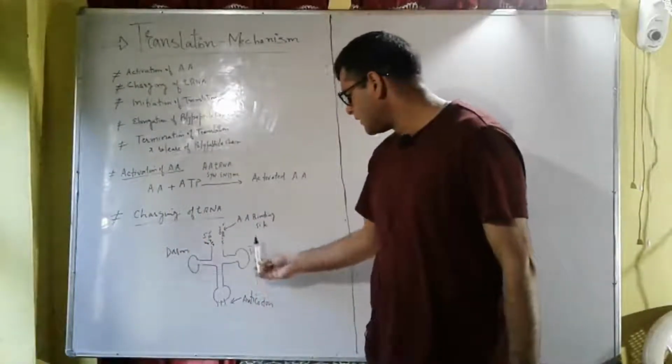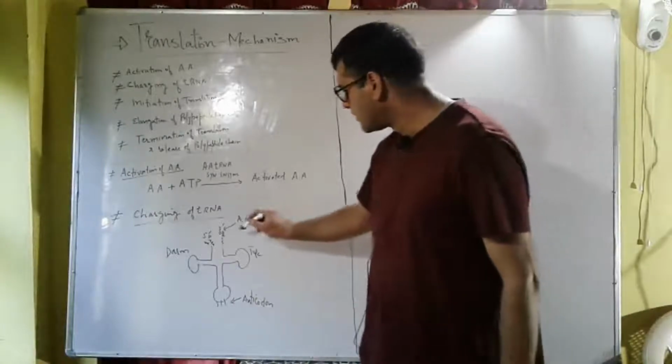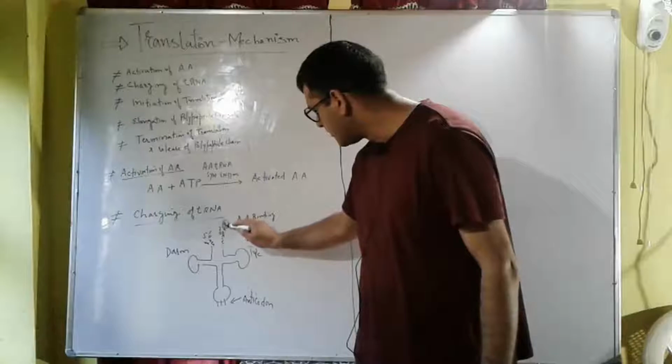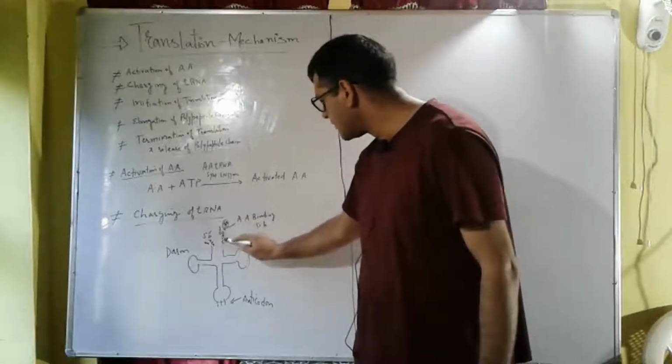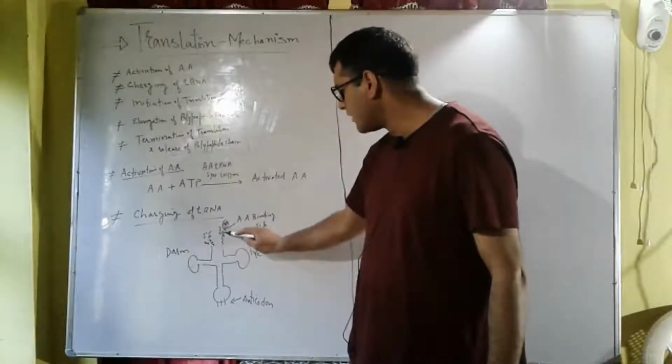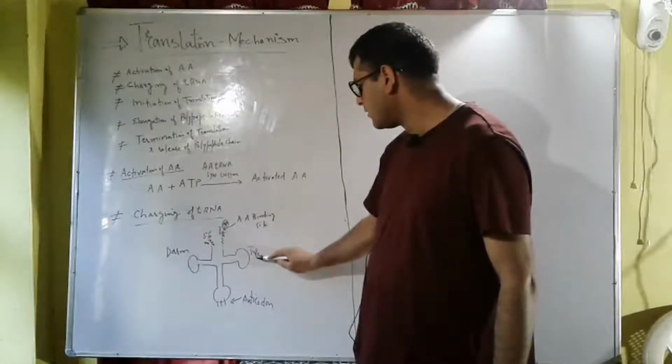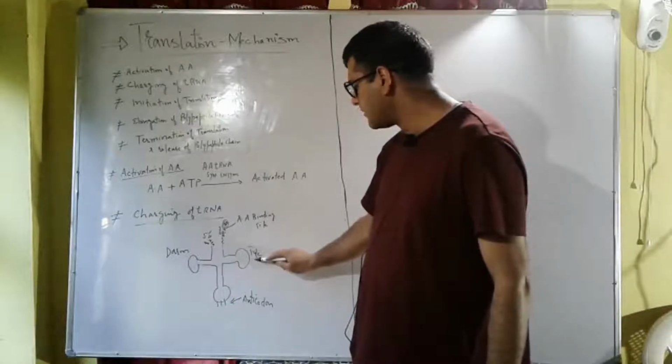So this is the tRNA molecule. The amino acid gets attached here. So this is the amino acid. This amino acid gets attached at the 3' hydroxyl end of the tRNA. This is the T-psi-C arm, where ribosome attachment takes place.